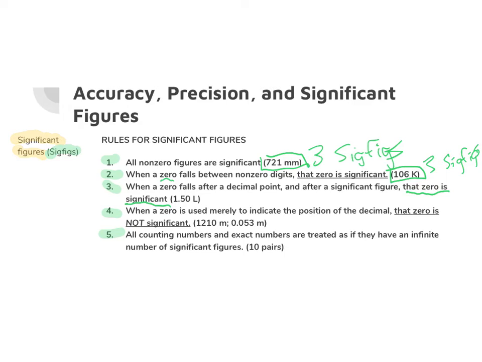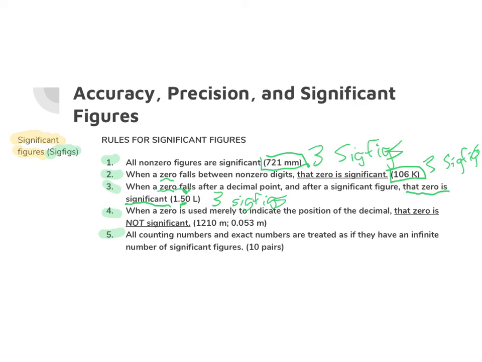This 0 is after the decimal point, and it falls next to a significant figure because this is a non-zero figure, making it significant. We still have 3 sig figs. Astonishing.